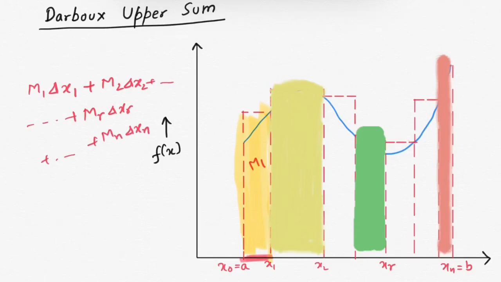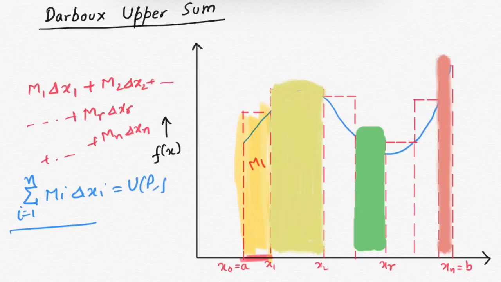Now writing this sum in summation form, it will be sigma mi delta xi, i running from 1 to n. This sum is known as the Darboux upper sum, and it is denoted by U(P, f).